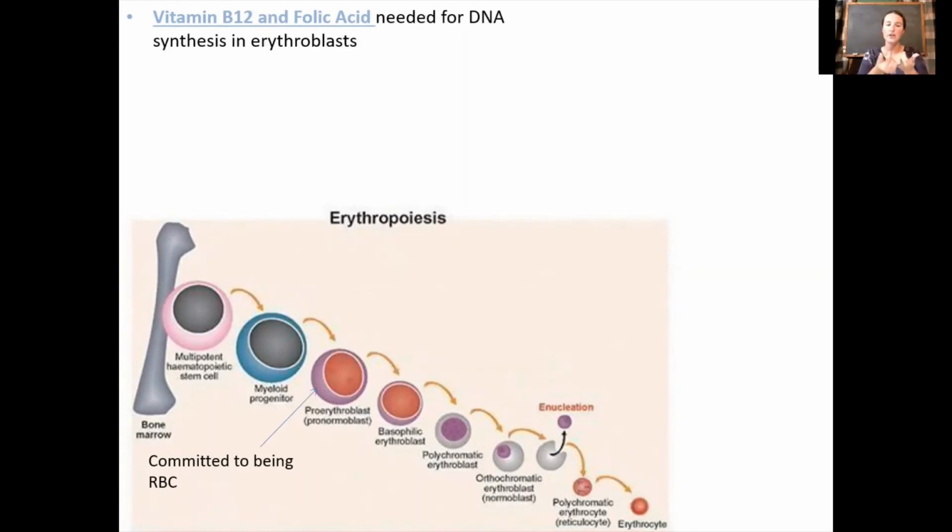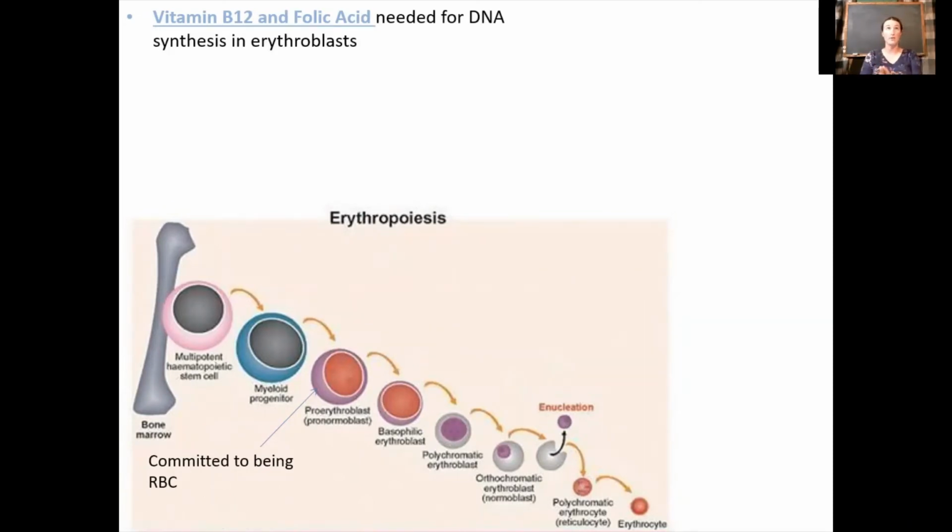Once certain genes are turned on and others are turned off, there's no reversing that. So these pro-erythroblasts are really the first cells that are absolutely going to grow up to become red blood cells when they get bigger, or smaller in this case. And so these are absolutely committed to being a red blood cell.